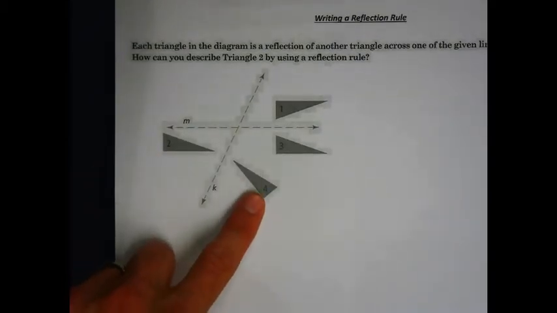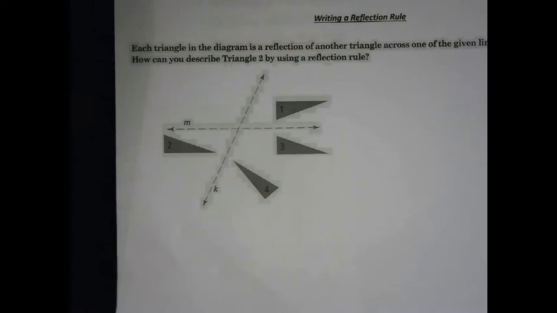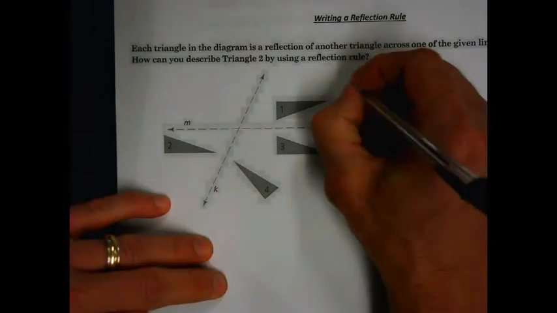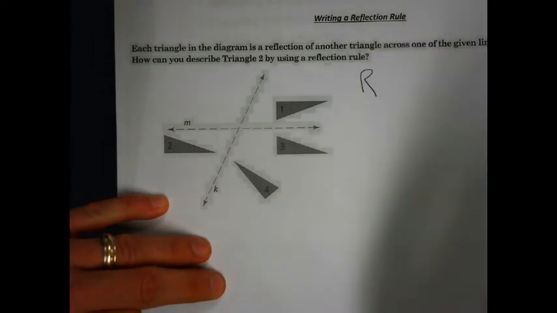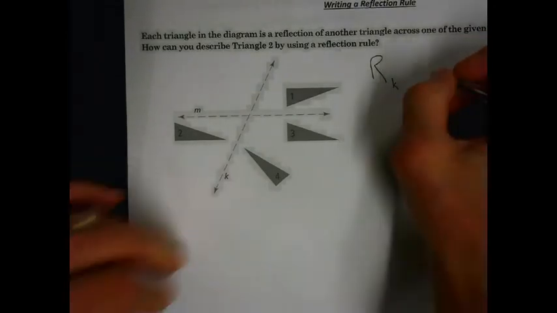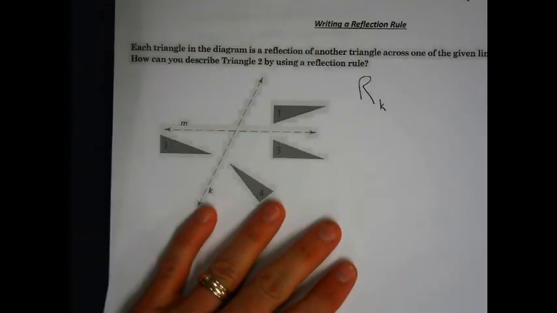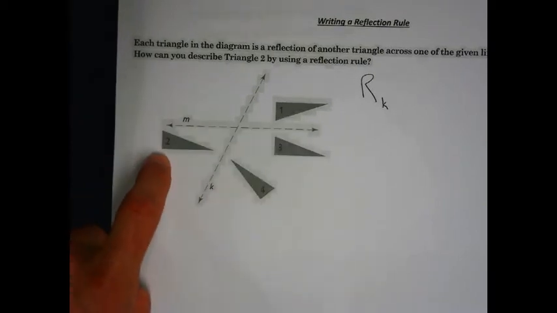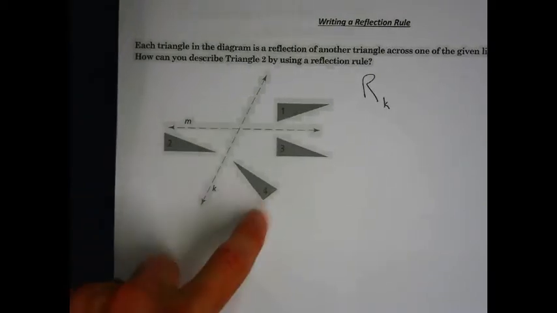So we know we have reflected triangle 4. Here's the trick, folks. We know we're dealing with a reflection rule. So we know we're dealing with a capital R. We know that it has been reflected over K, so we know it's going to be reflected over line K, or you can write just K. The only thing is what was reflected. 2 is the result of reflecting 4.